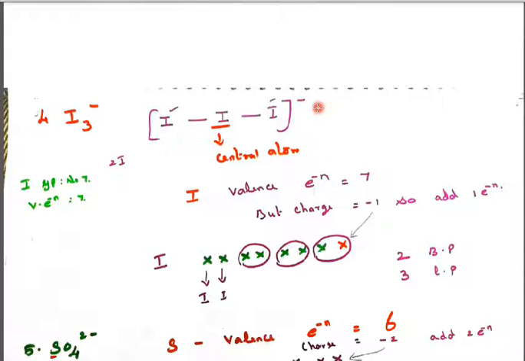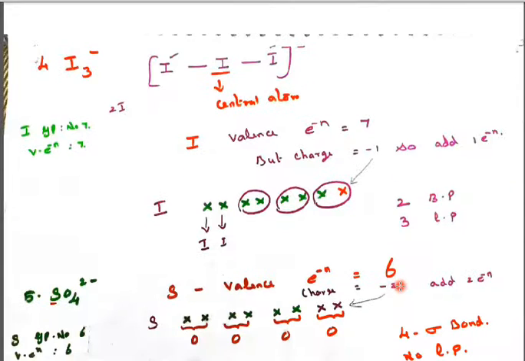Here I3 minus, we have added 1 electron. So here 1 iodine combines with another iodine. So 2 bond pairs, it left out 1 lone pair, this is 2nd lone pair, this is 3rd lone pair. So 2 bond pairs and 3 lone pairs. This is the quickest method to find out the bond pairs and lone pairs.